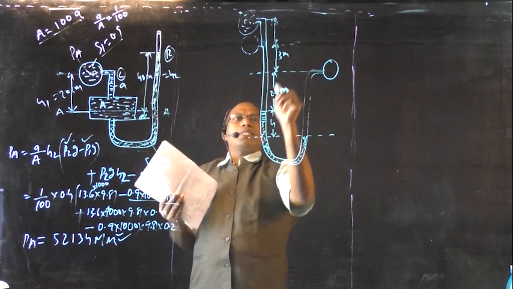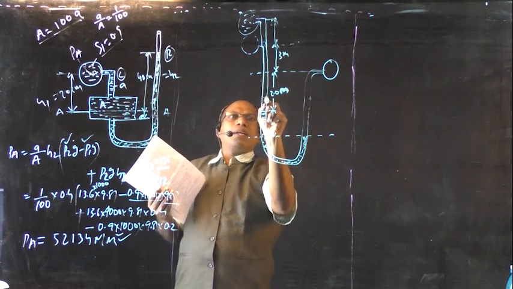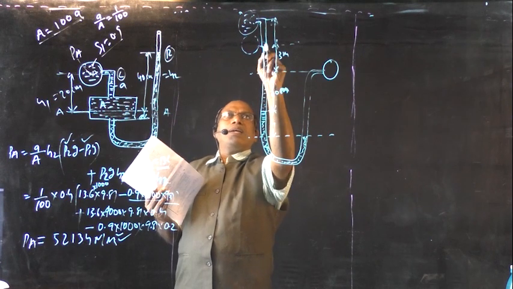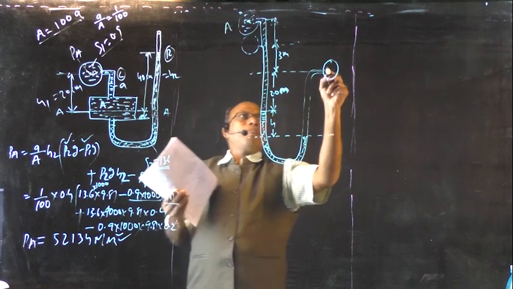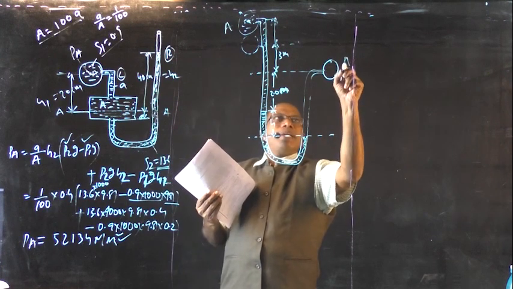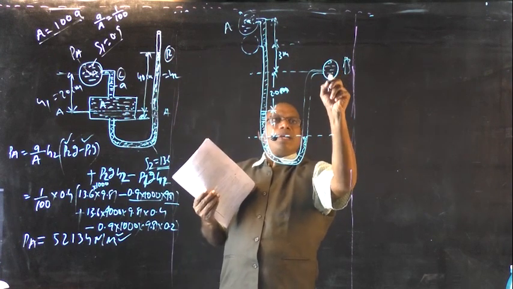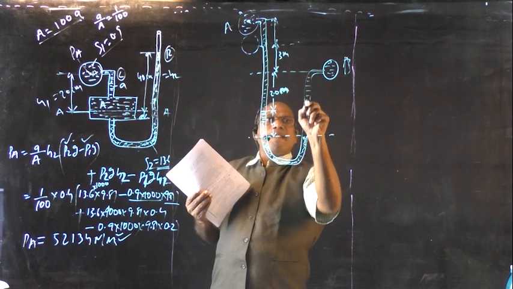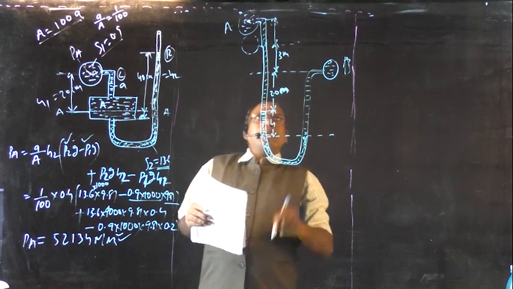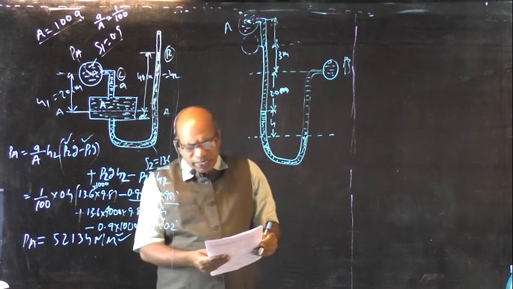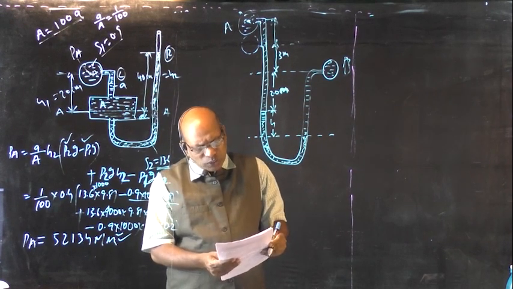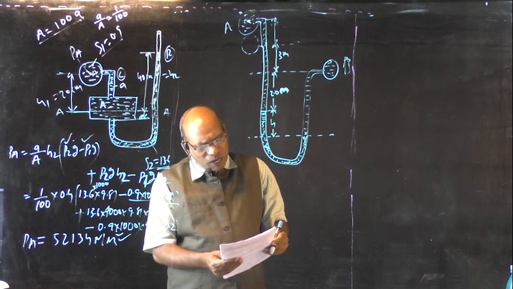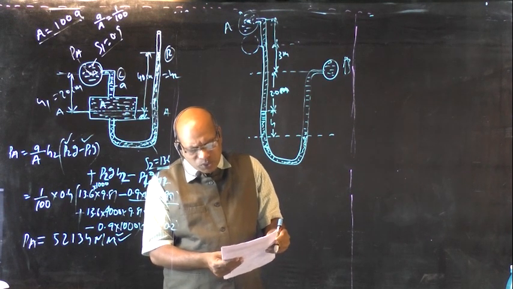This is the liquid flowing in pipe A. This is pipe A. This is pipe B.